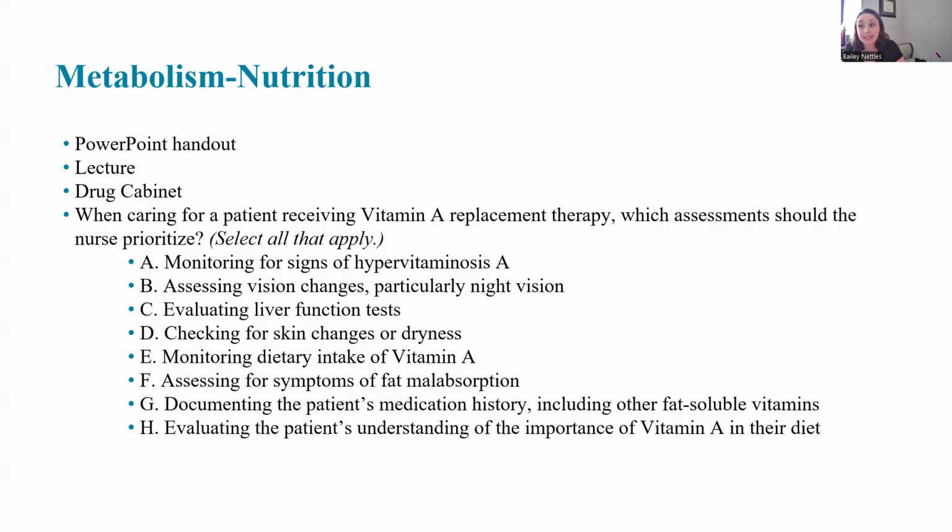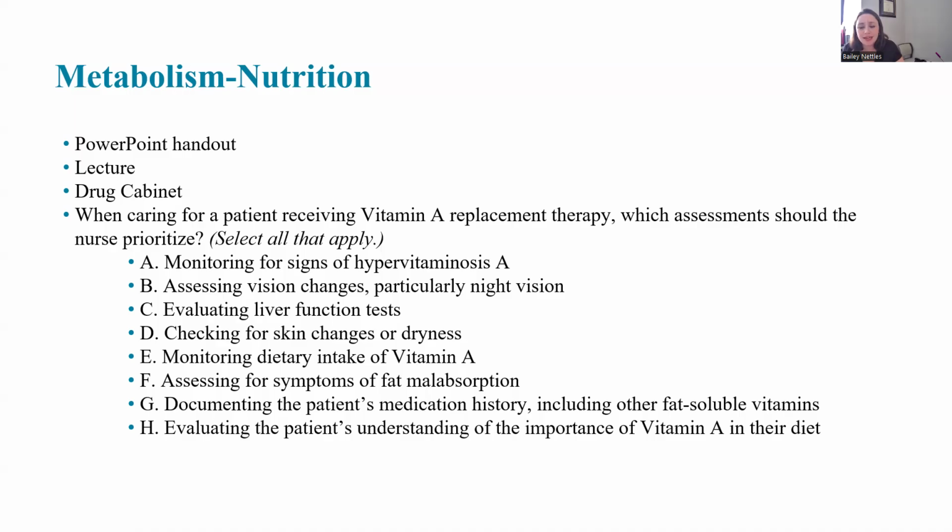Okay. Should you assess liver function? Yes, because we know that vitamin A overdose looks like liver dysfunction. Check for skin changes and dryness. Yes, because that's what it does. It dries out your skin. Monitoring dietary intake of vitamin A. We should definitely do that because you don't want to overdose. Assess the signs for symptoms of fat malabsorption.